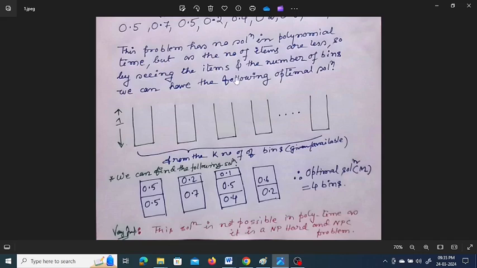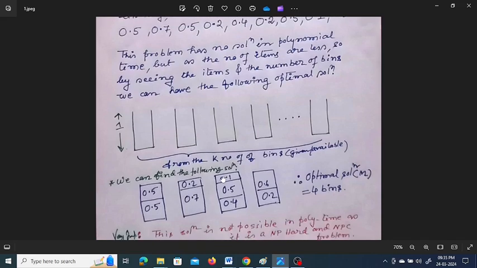But let's see what the optimal solution would be. The first two items, 0.5 and 0.5, can be pushed into bin 1. Then 0.7 and 0.2 can be pushed into bin 2, contributing 0.9 in total.